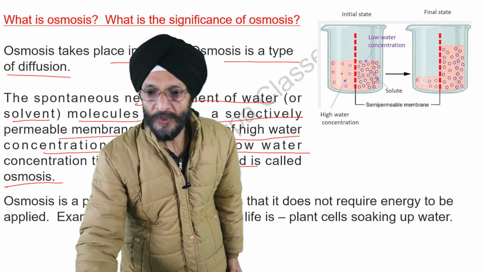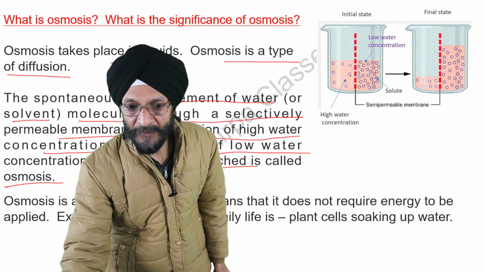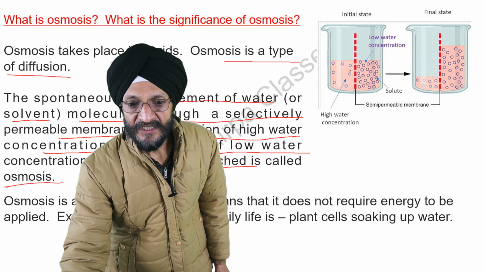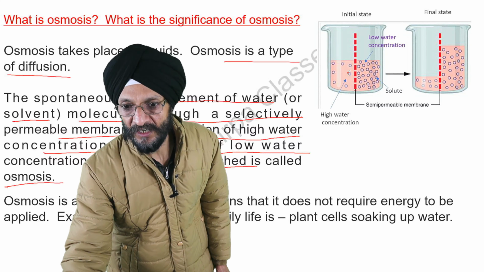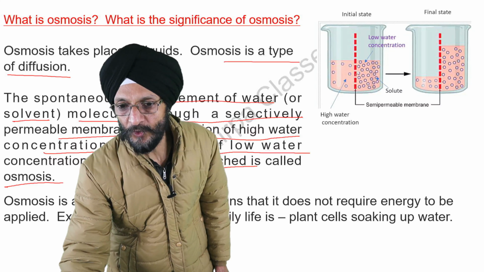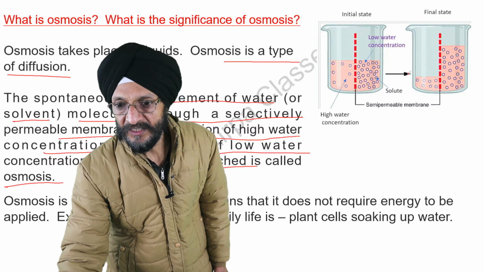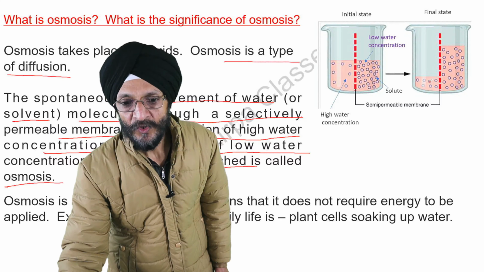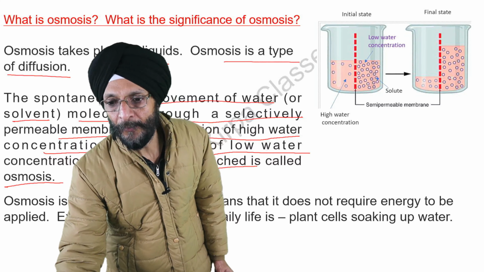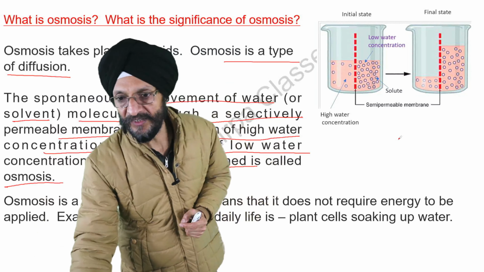So slowly and slowly, the water passes through this semi-permeable membrane as the water is in high concentration in this part of the jar, till the equilibrium is reached. You can see here that the concentration of water in both sides is now equal. Equilibrium has reached finally.